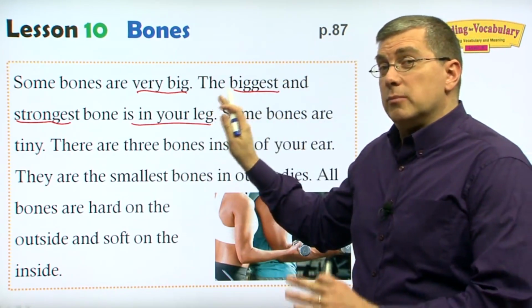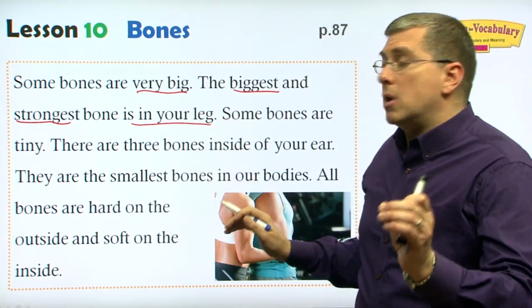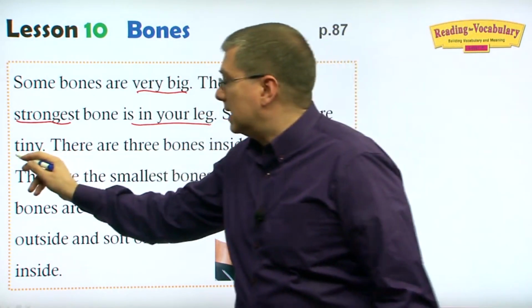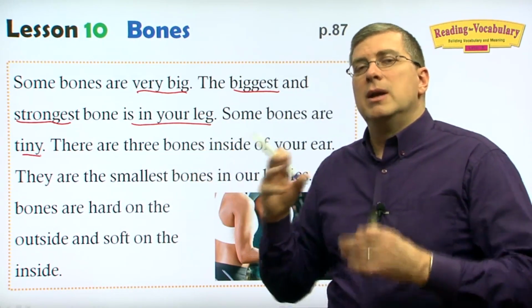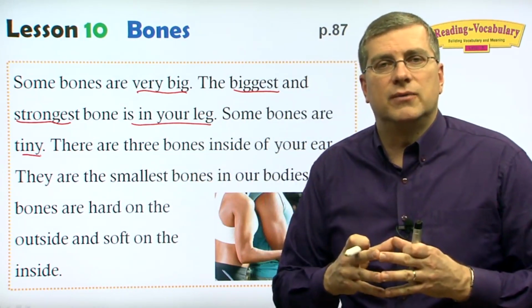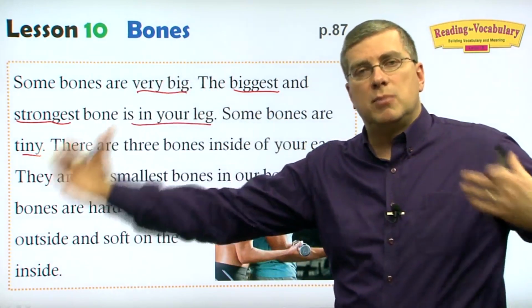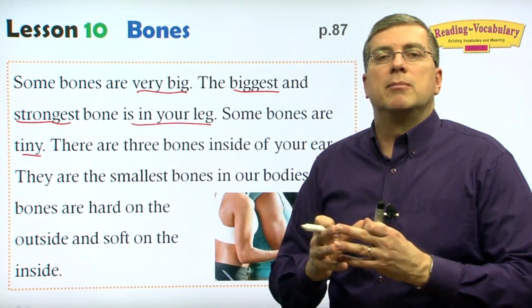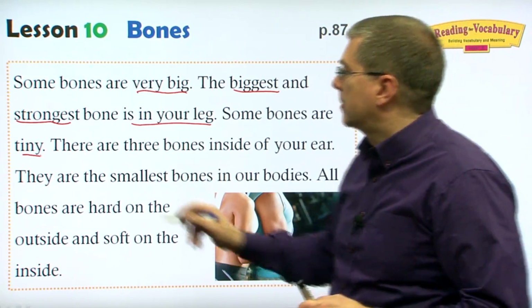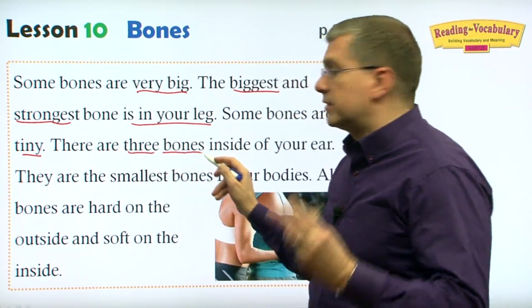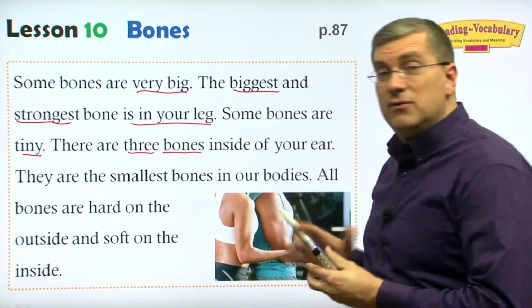Now, those bones are big and strong, but some bones are tiny. Remember at the beginning of this passage a few slides ago, they're talking about different shapes of your bones, right? So we see that some bones are big and strong, some bones are small and tiny. Where are those bones? There are three bones inside of your ear.